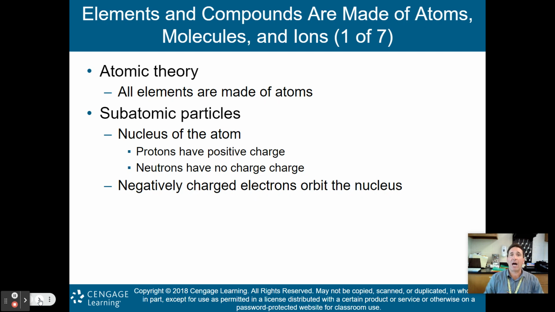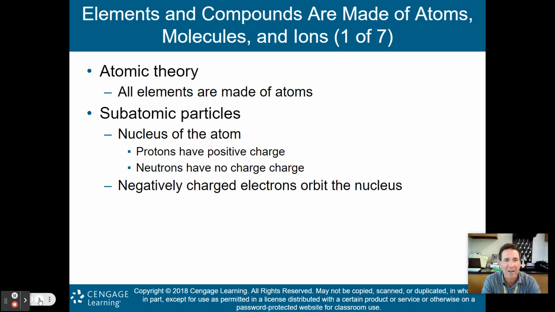So elements and compounds are made of atoms, molecules, and ions. As you know, the atomic theory states that all elements are made of atoms. So again, this is a theory that has been tested over and over again. We're pretty positive that all elements are made of atoms, and that's why we call it a theory. There are some subatomic particles in your atom, right? You have the nucleus of the atom.